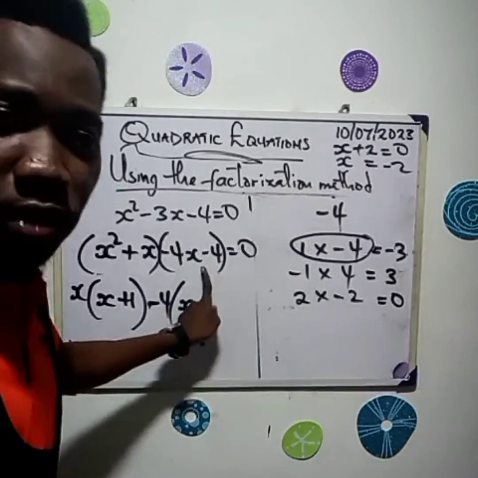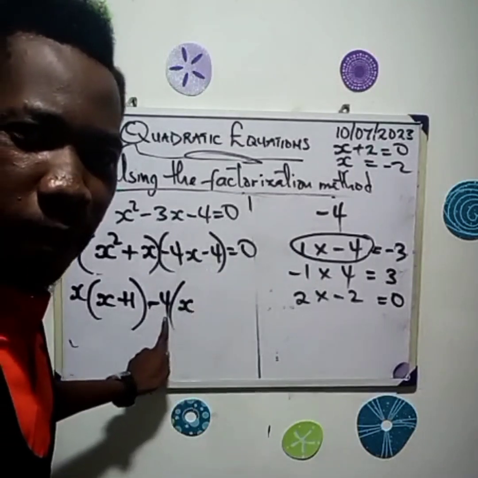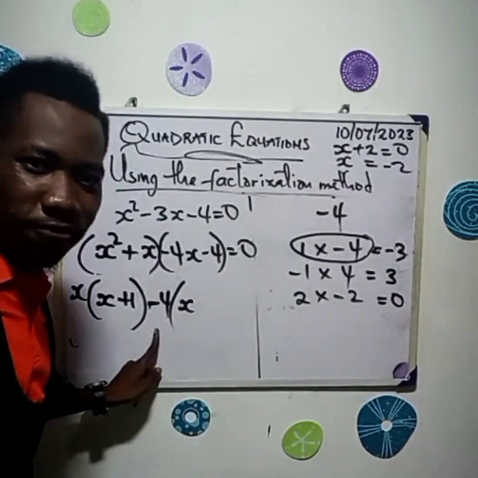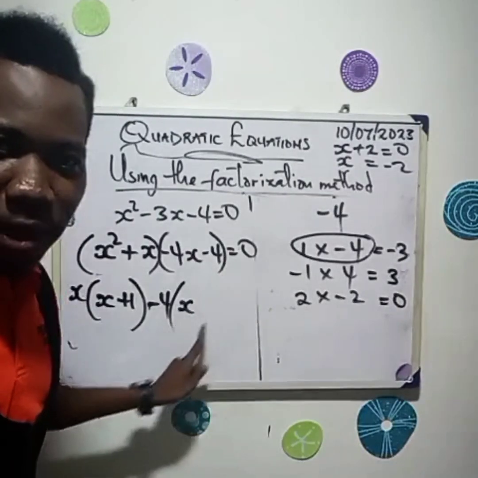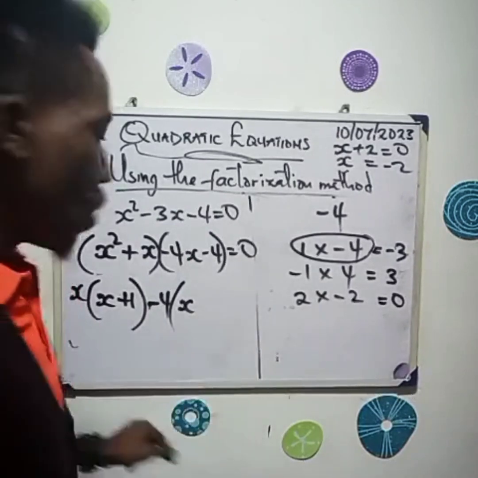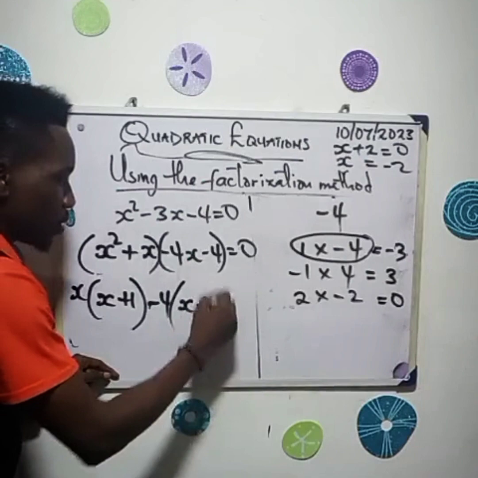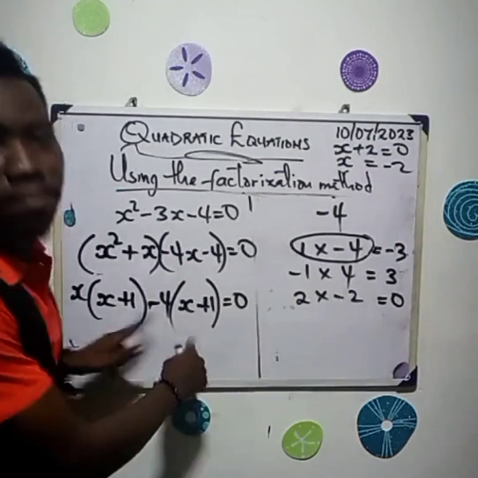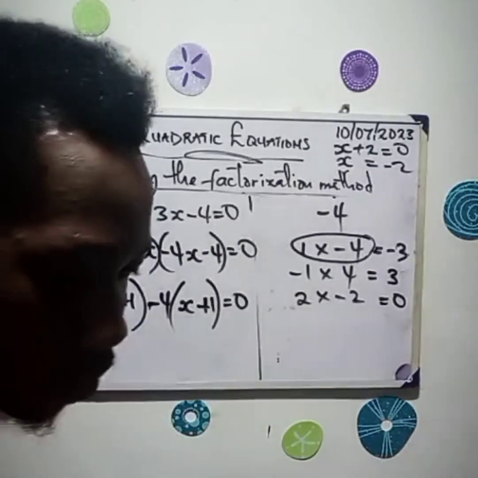Minus 4 times what will give us minus 4? Minus 4 times plus 1. So it equals 0. Now we check, and we are going fine.